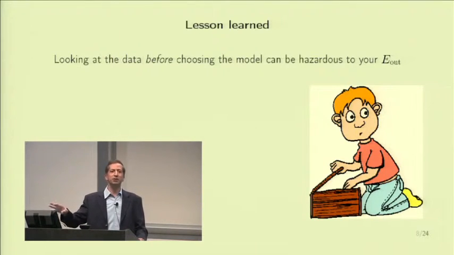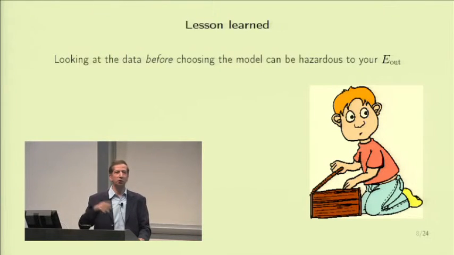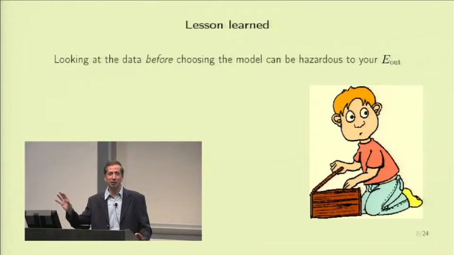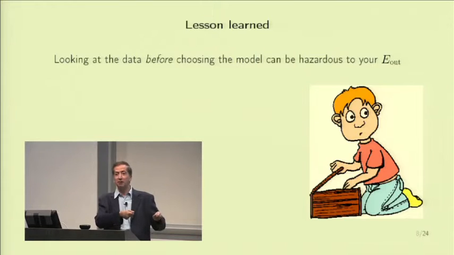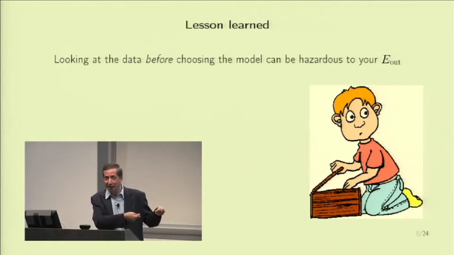This is the most obvious manifestation of data snooping. You look at the data before you choose the model, okay? But there are other ways that are so subtle that it's very likely that even a smart person may fall into those traps. And it's very important to understand what these traps are in order to avoid them and make sure that when you apply the theory after all of the sweat we had in order to get these things, they might as well be valid, okay?